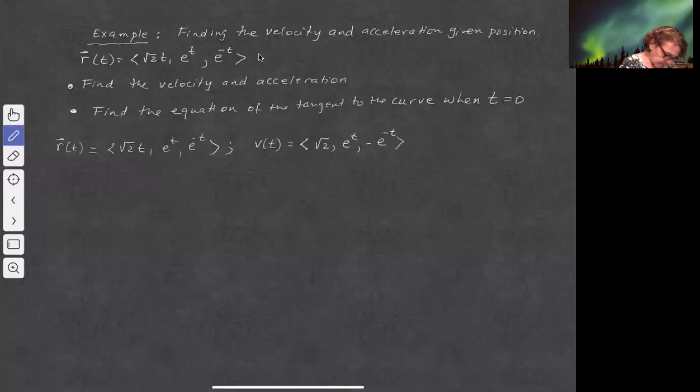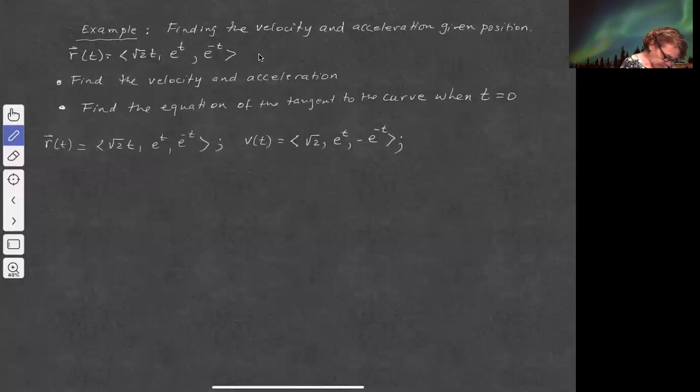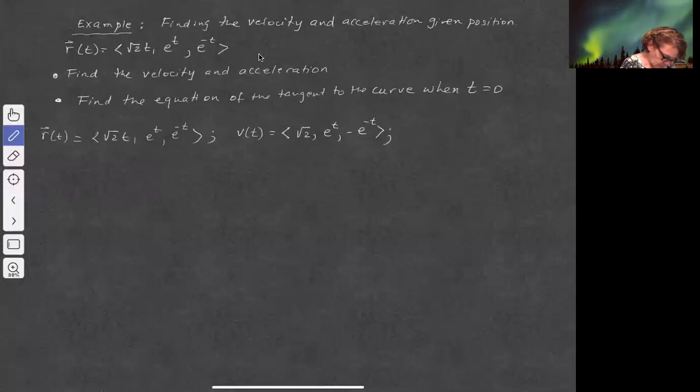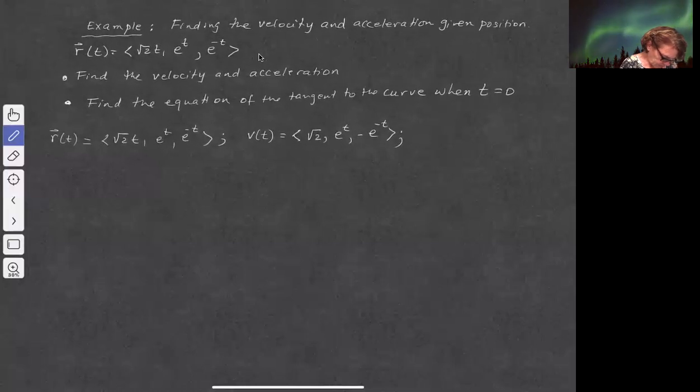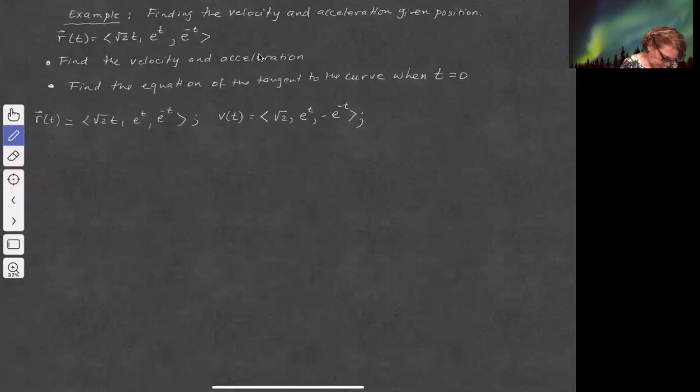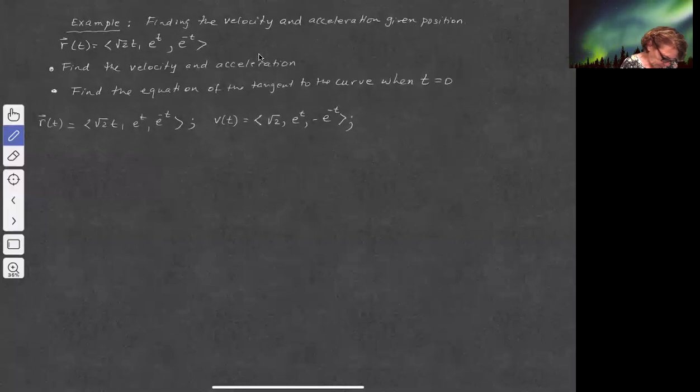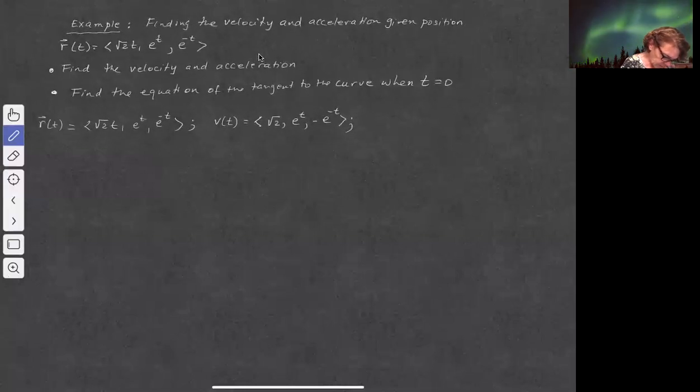And then the acceleration vector is the derivative of the velocity. So the acceleration would be 0 for the first component, e to the t for the second component, and e to the minus t, because it's another negative, for the third component. So that's the first part.